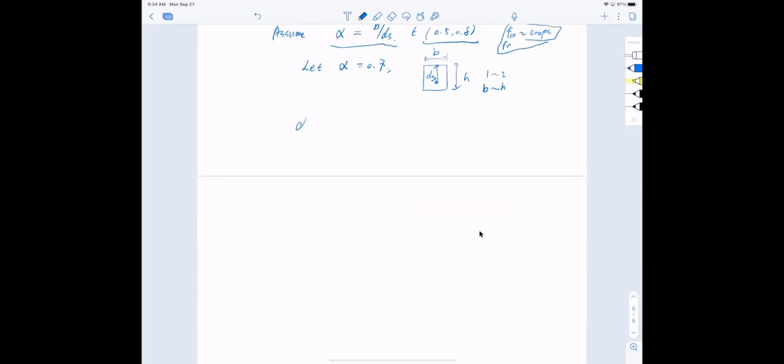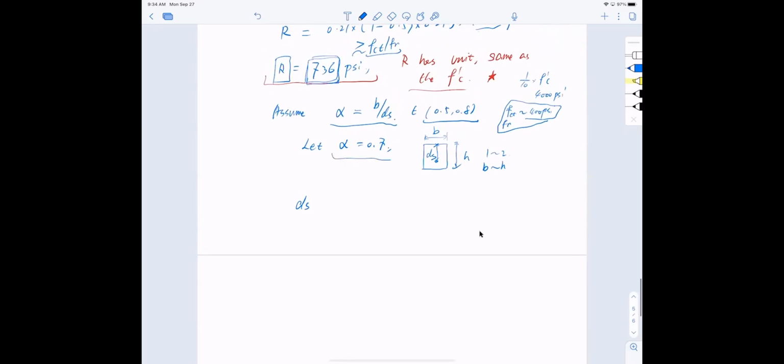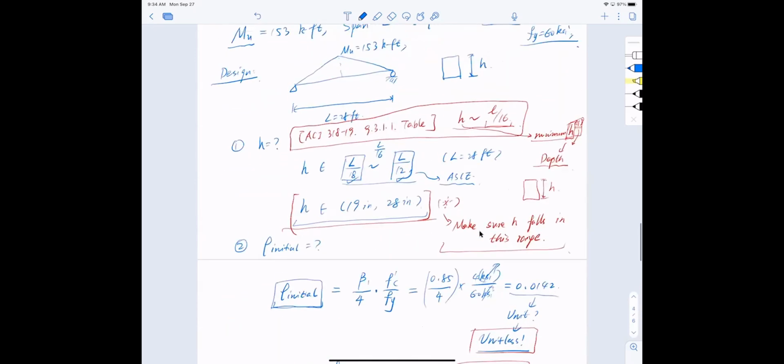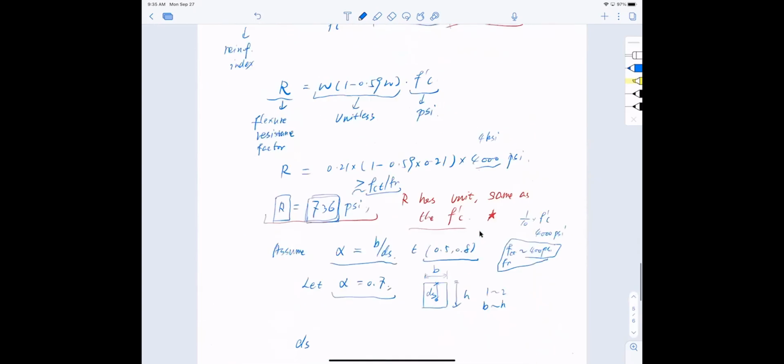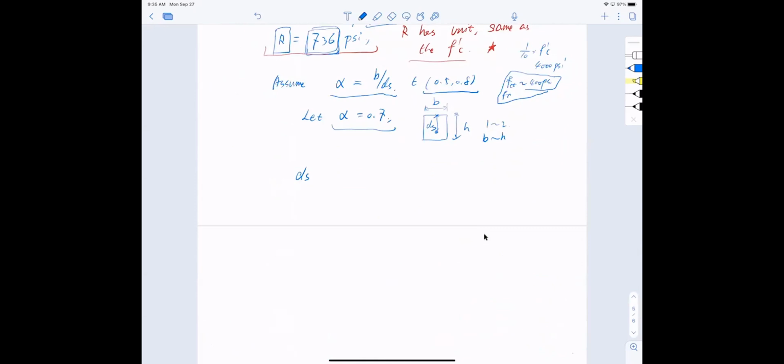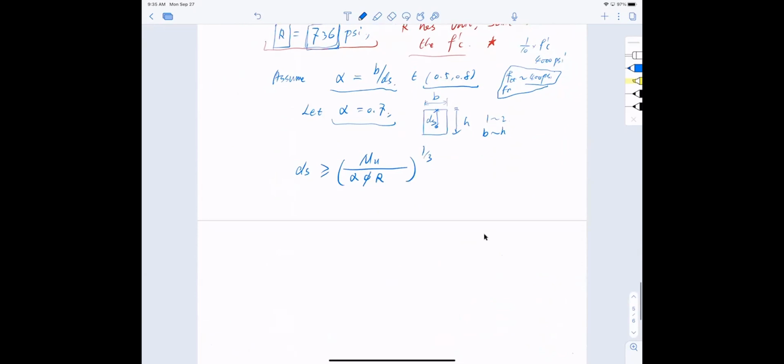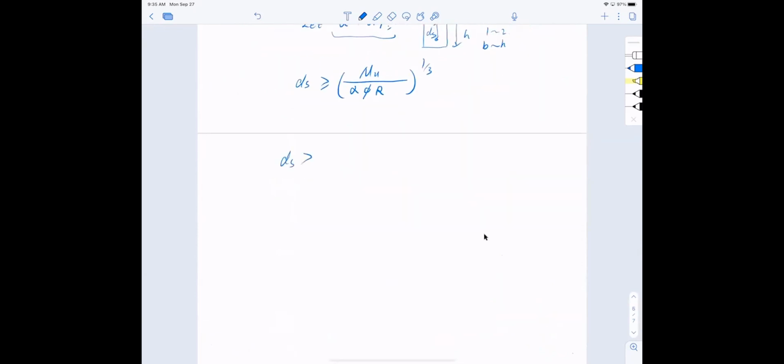So I pick this number. I say, okay, ds now, given alpha equal to 0.7, and I bring it all the way back to the equation here, trying to find my depth. So ds should be greater than or equal to Mu divided by alpha phi R, to the power of 1/3. Now bring the numbers in: ds has to be greater than or equal to Mu, 153 kip-feet, and then multiply by 12 inch per foot, converting everything back to inches, divided by alpha.